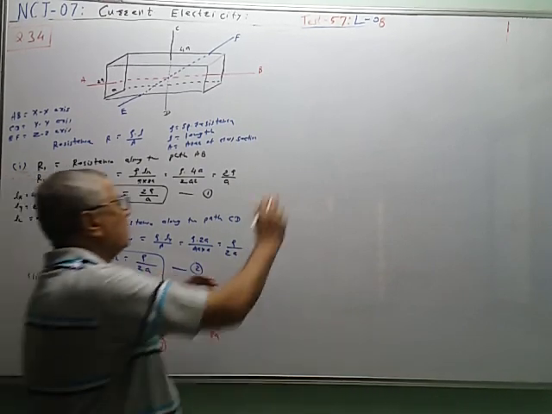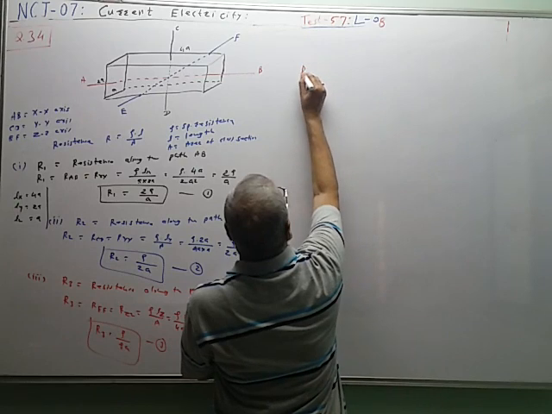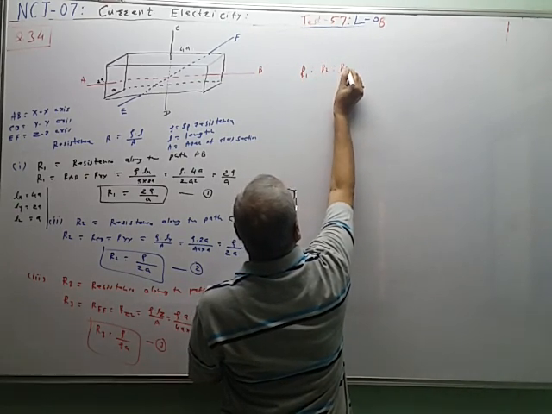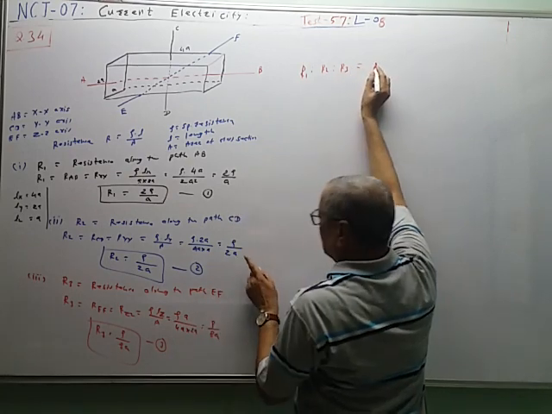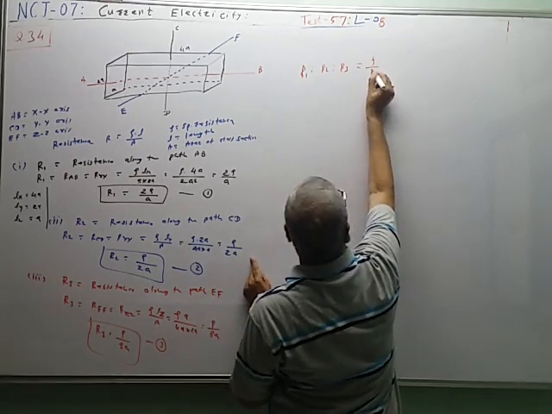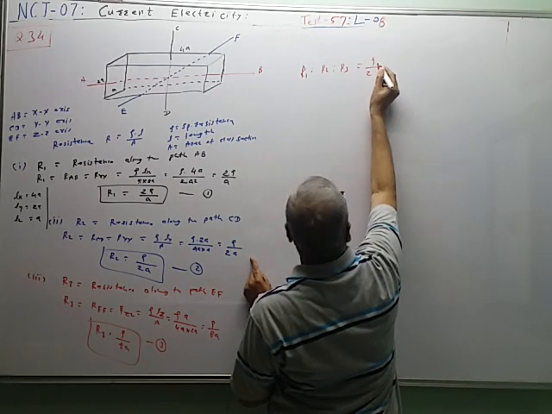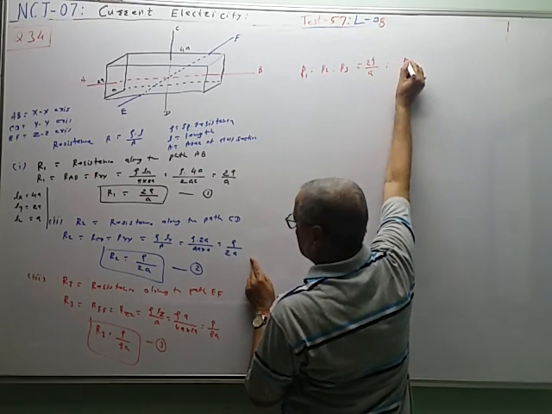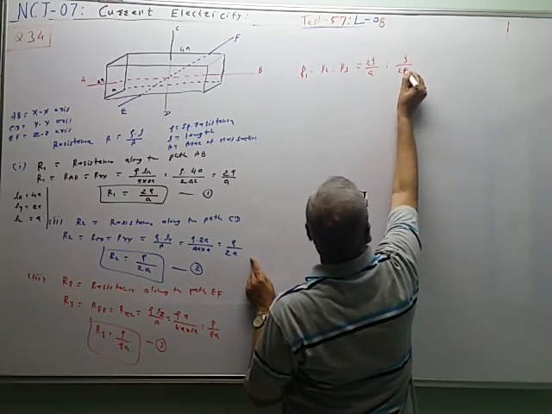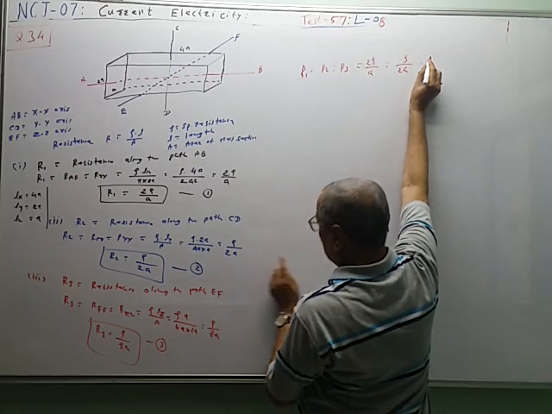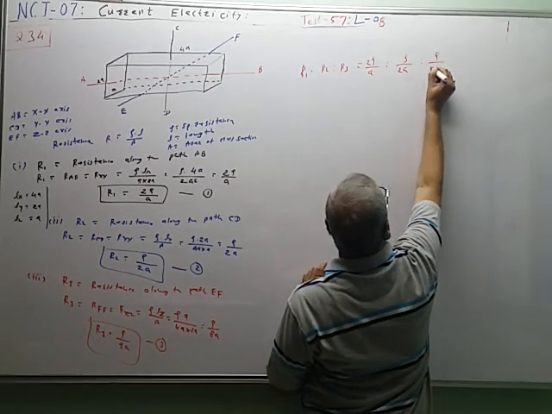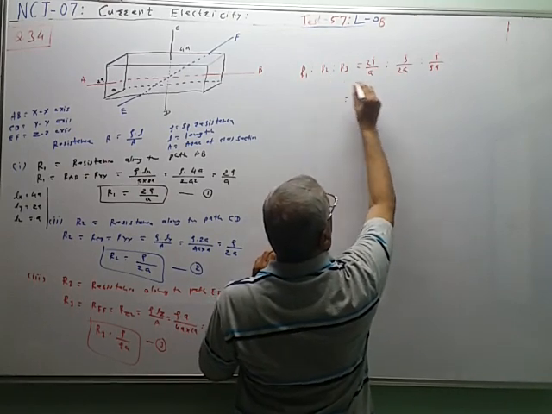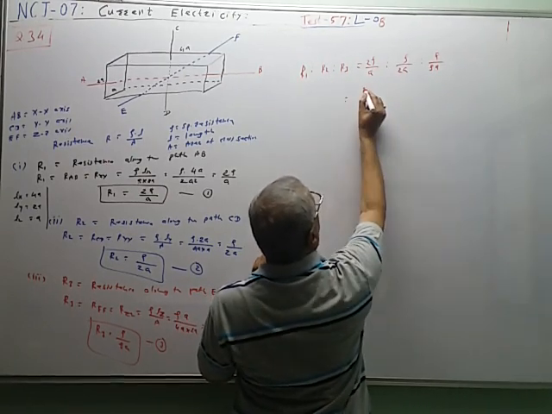So R1 : R2 : R3 is equal to 2 rho upon a : rho upon 2a : rho upon 8a. Take the LCM 8.